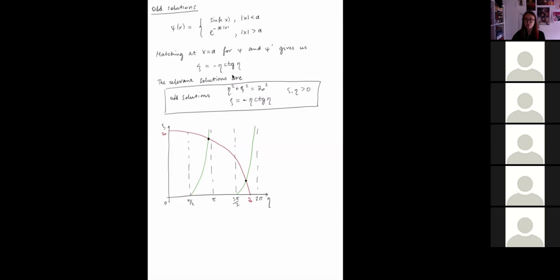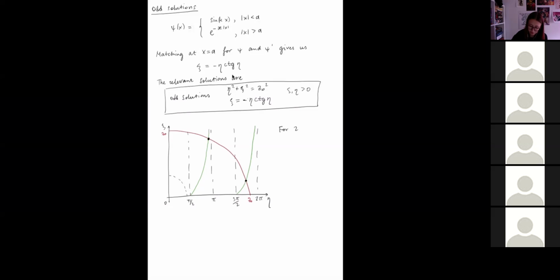An important thing to notice here is that actually there might be situations for small z0s, like for example, if z0 is less than pi over 2, and then the circle goes here, that there might be no bound odd solutions.